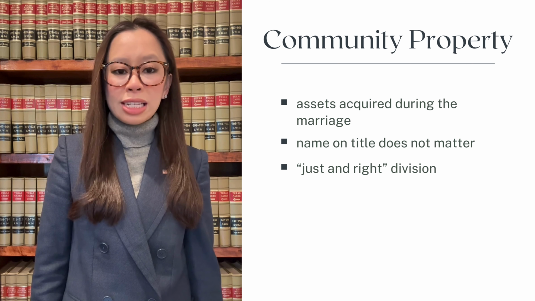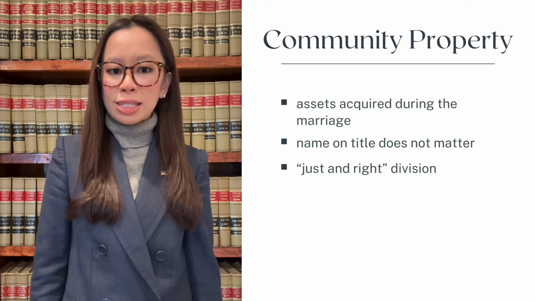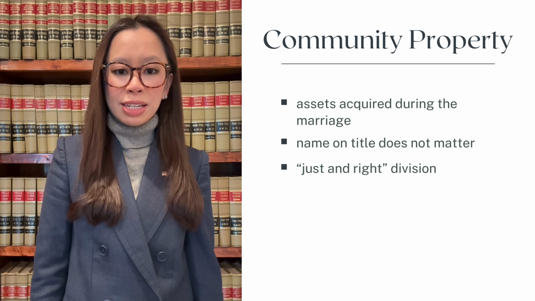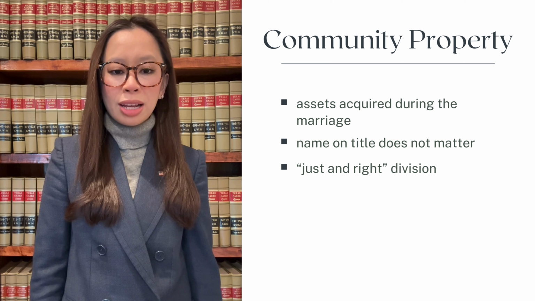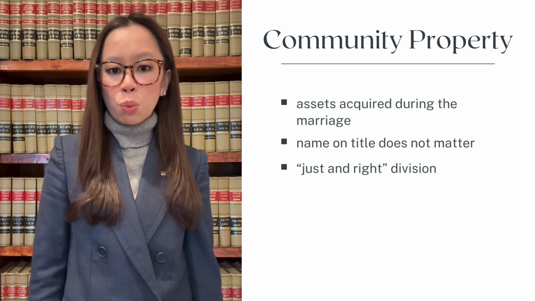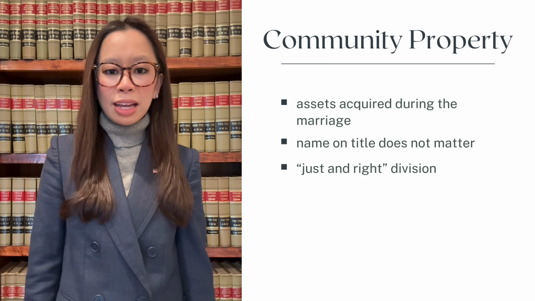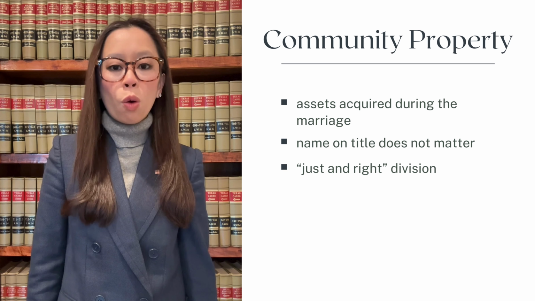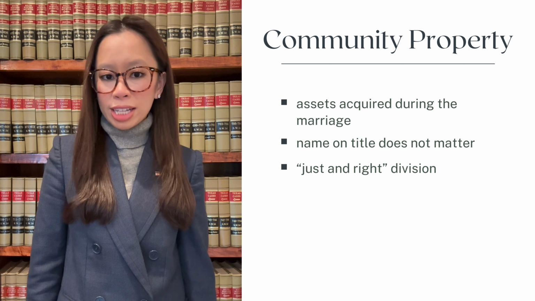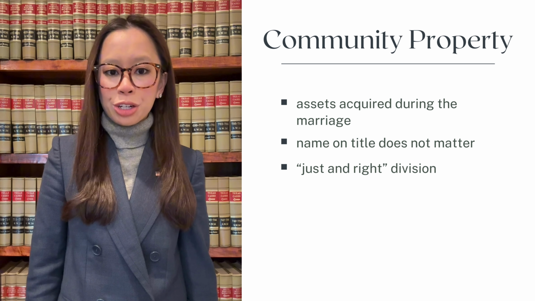Retirement accounts. These include 401ks, pensions, IRAs, and other retirement savings accounts that accrued during the marriage are also considered community property, even though they are in the name of just one spouse. Keep in mind that community property does not necessarily mean a 50-50 split. The court divides it based on what is considered just and right, considering a number of factors.